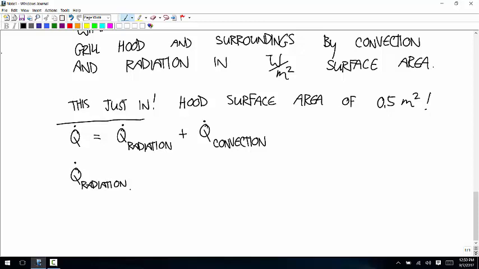This is radiation emitted, and that's equal to the emissivity, so 0.93, times the Stefan-Boltzmann constant, 5.67 times 10 to the minus 8, I think. And then times the Kelvin temperature of the body to the 4th power.